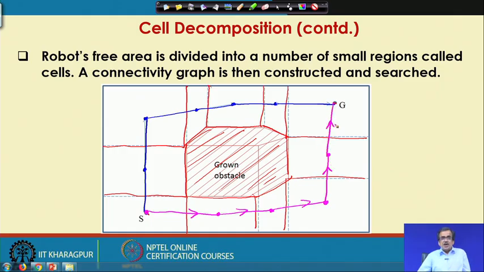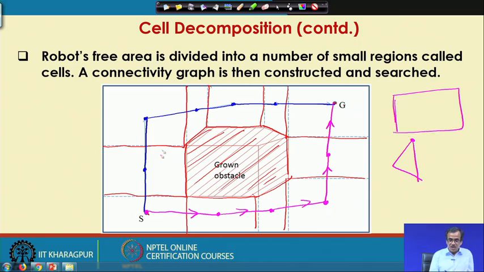Okay. So, this is the way, using the principle of the cell decomposition method, that we can find out the feasible collision free path for the robot. Now, here we are trying to find out the collision free path for the point robot considering this grown obstacle. By solving this, we are also able to solve the collision free path for the actual physical robot, which was something like this, and this was the marked vertex and the original obstacle was something like this.